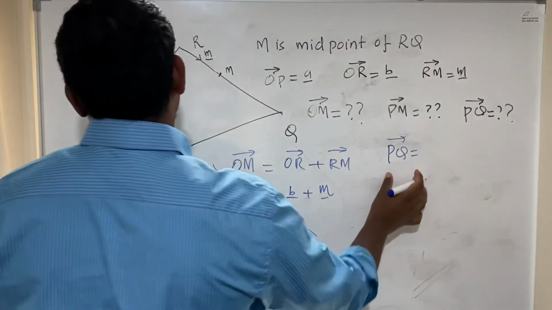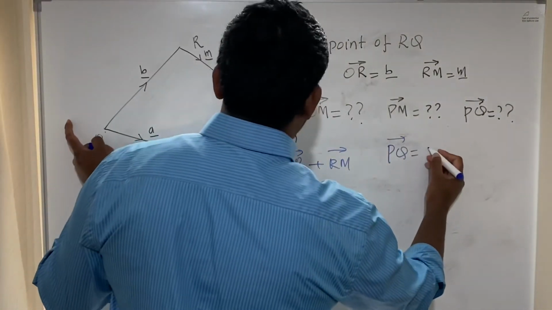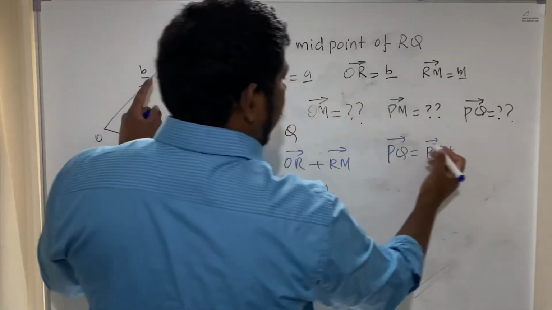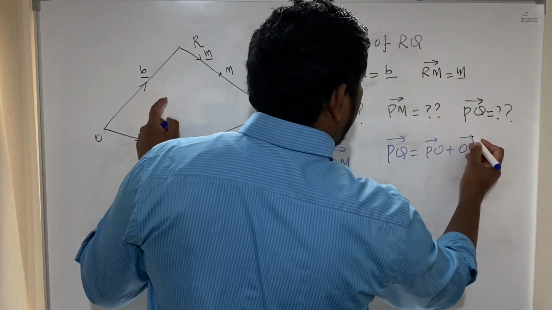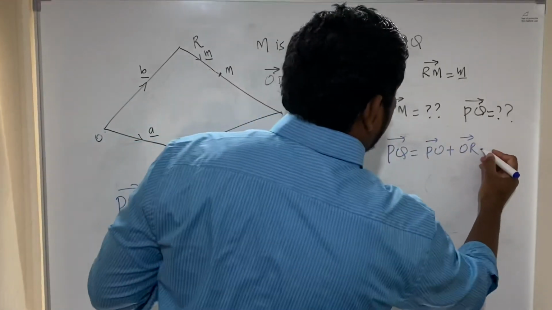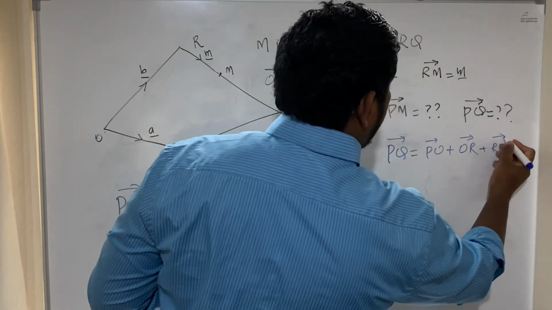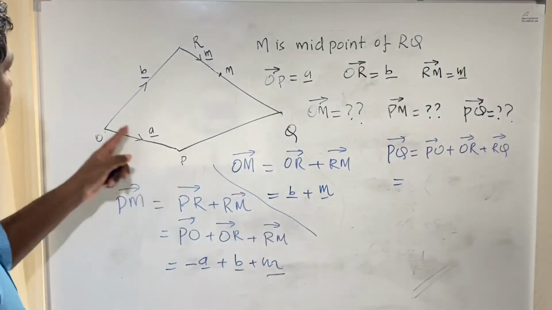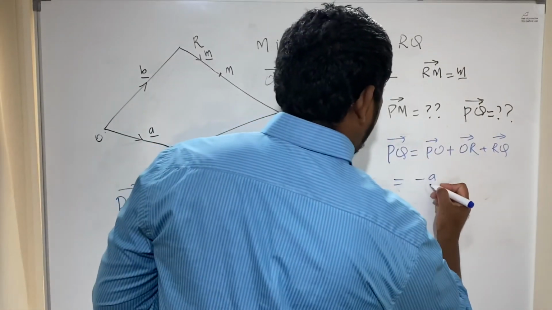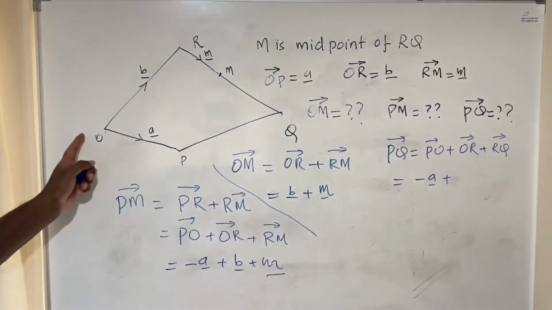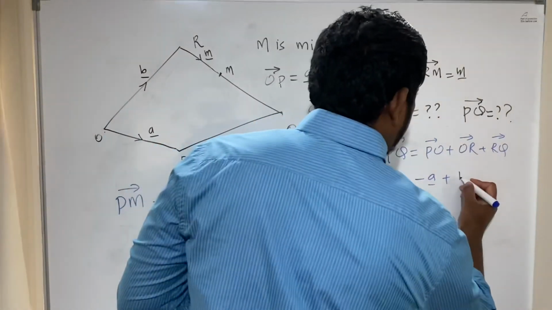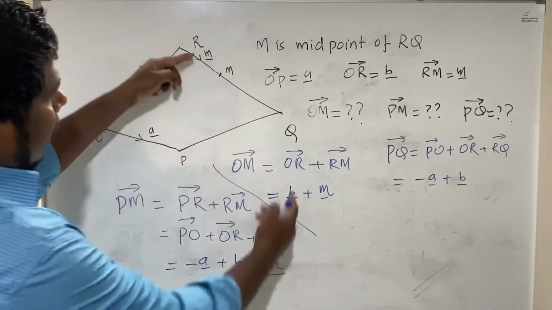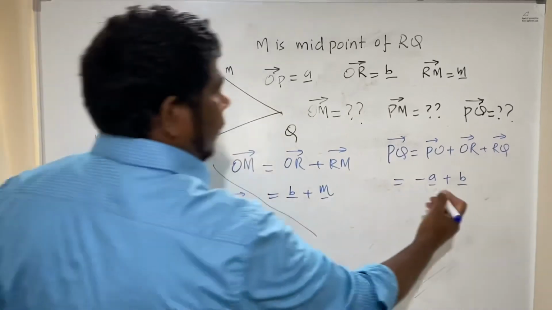Vector PQ equal P to O, O to R, and R to Q. So PQ equal P to O is negative A, O to R is positive B, and R to Q is 2M.